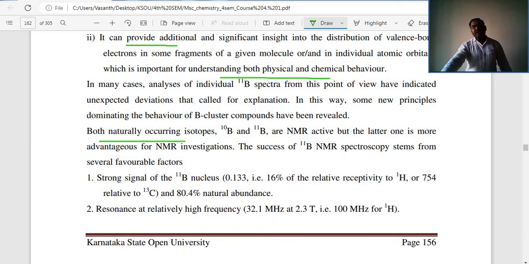Of the naturally occurring isotopes of boron, both are NMR active, but the latter one, boron-11, is more advantageous for NMR investigation.